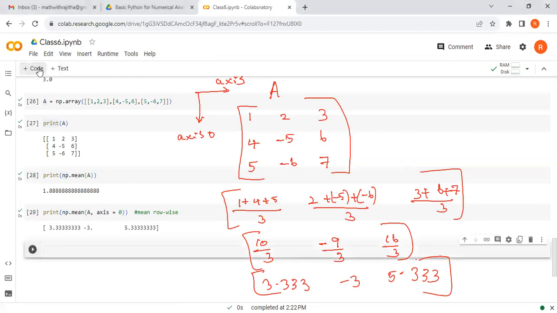Next, print np.mean of A, axis equals 1. This is the mean column wise.